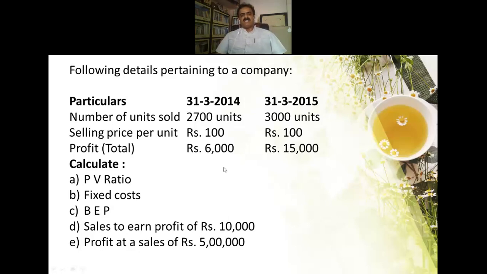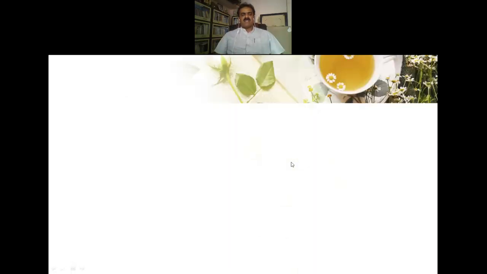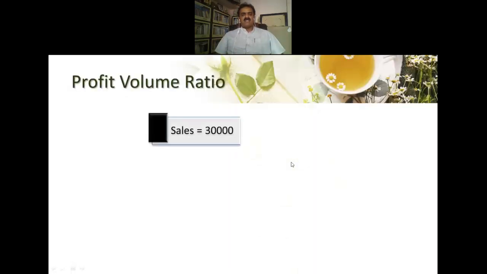So with the help of this information, let us calculate the PV ratio and break-even point. First and foremost, you need to calculate the PV ratio. The difference in sales we have identified as 30,000 rupees and the difference in profit as 9,000 rupees.